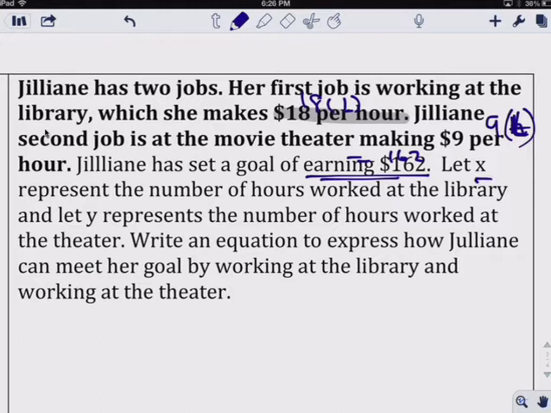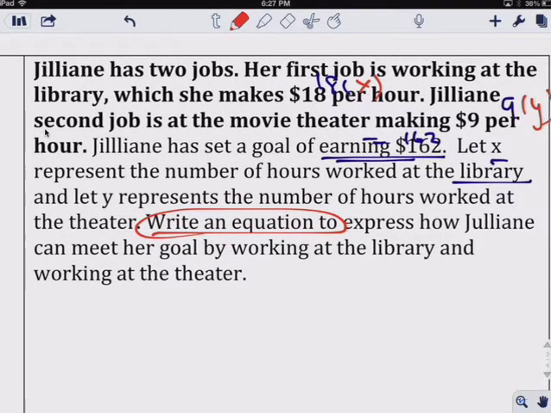Let x represent the hours at the library. That makes it easy. x for the library, not L. And let y represent the hours at the theater. Write an equation to express Jillian's goal, how Jillian can meet her goal by working at the library.